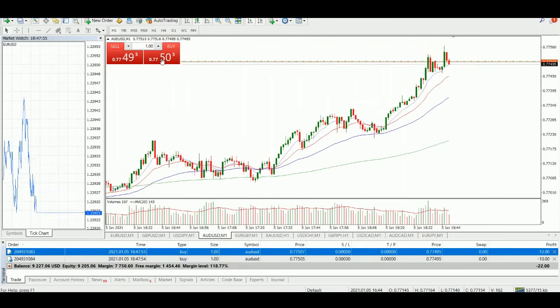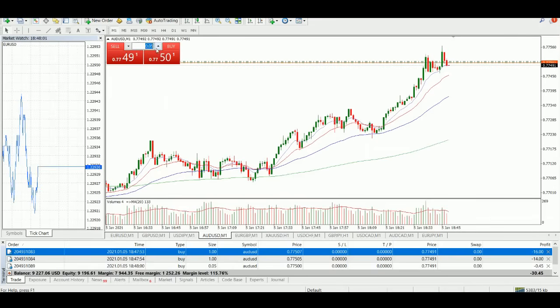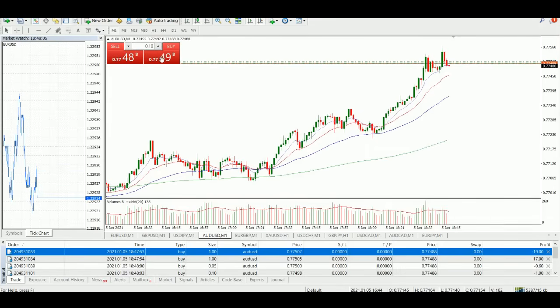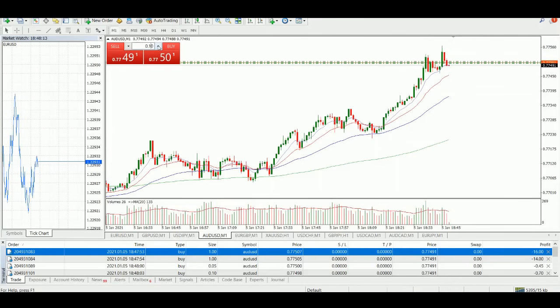Okay, here I am on AUD dollar. I am placing as many orders as possible because this is a great opportunity to enter on AUD dollar, a great buying opportunity. Okay, euro dollar is great for the moment.